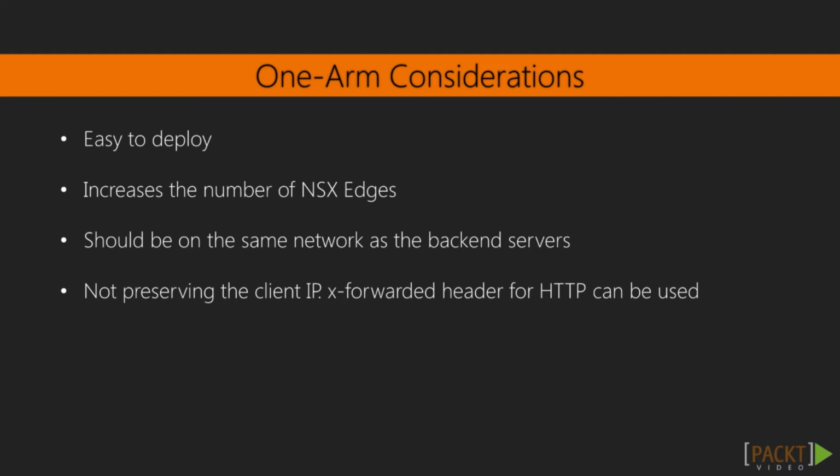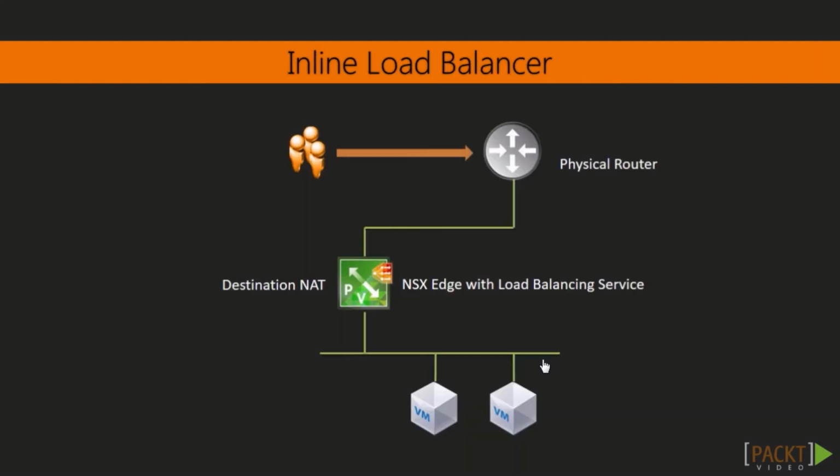From a configuration perspective and best practices, it's ideal to configure it that way. A disadvantage is it is not preserving the client IP address. So you can use the X-Forwarded-For header for HTTP to work around some issues with that, but the client IP address is not preserved.